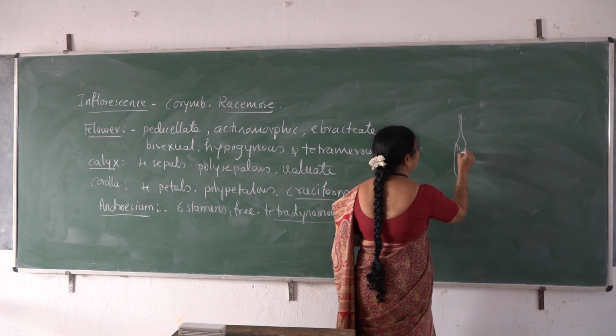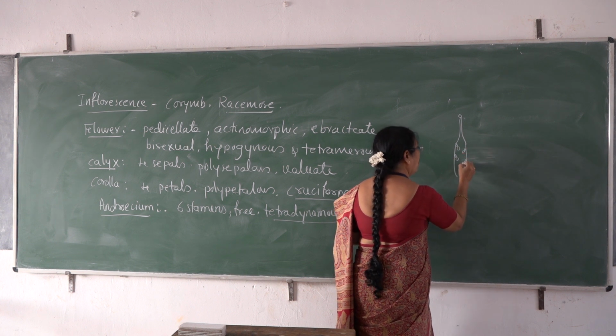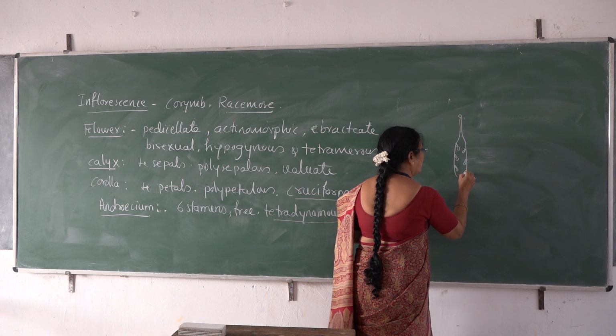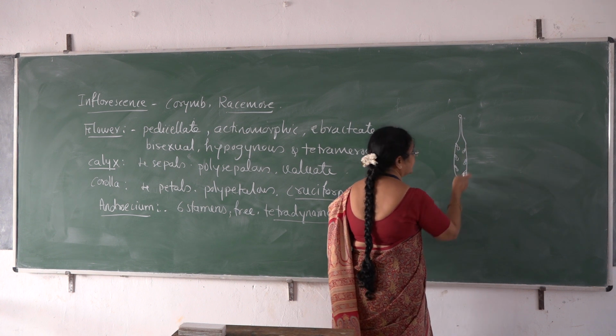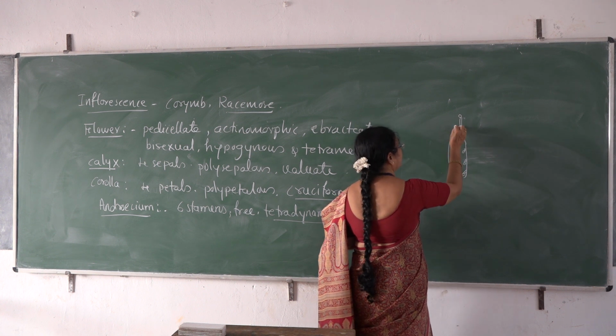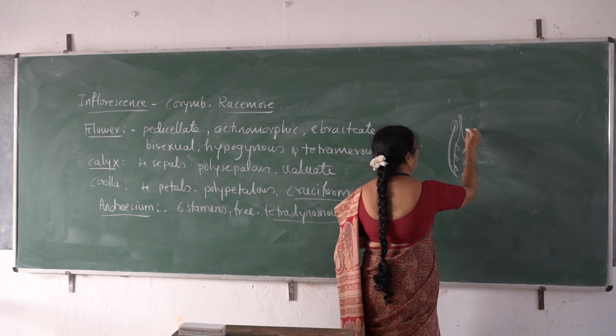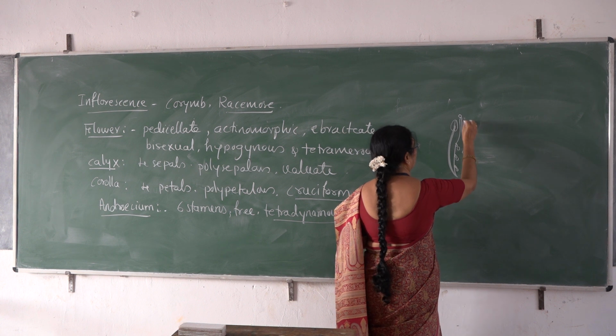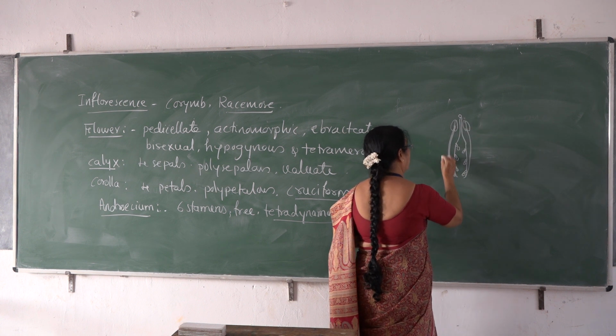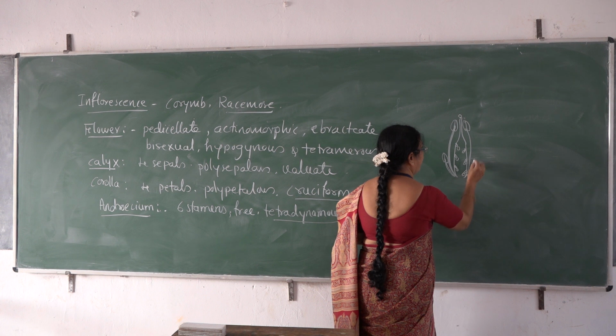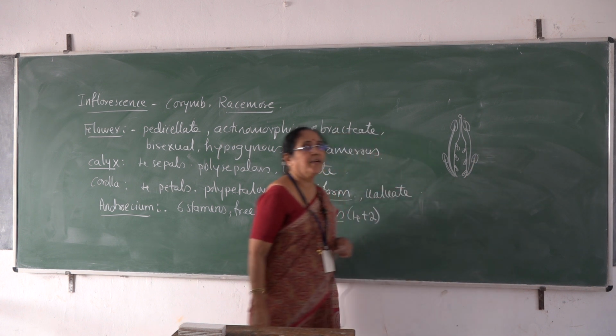if you take the LS of the mustard flower or the flower of any plant which belongs to this family, this is the LS of the flower. This is how the arrangement of the stamen is present.